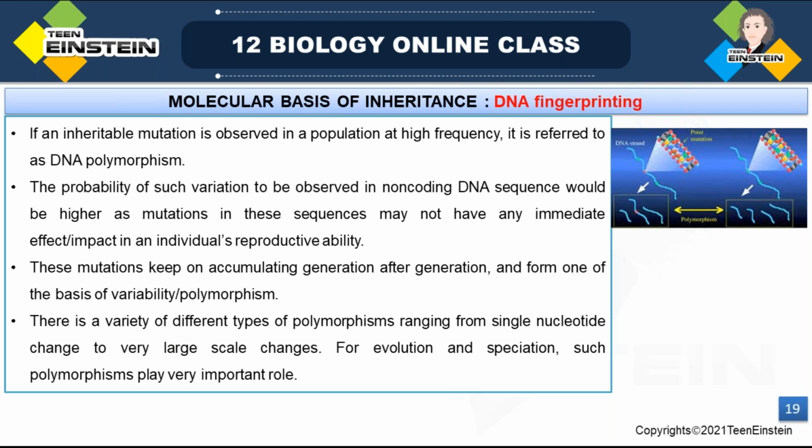There is a variety of polymorphism ranging from single nucleotide change to very large scale changes. Sometimes it may be a single nucleotide, sometimes more than that. For evolution and speciation, this kind of polymorphism has a very important role. Got it?